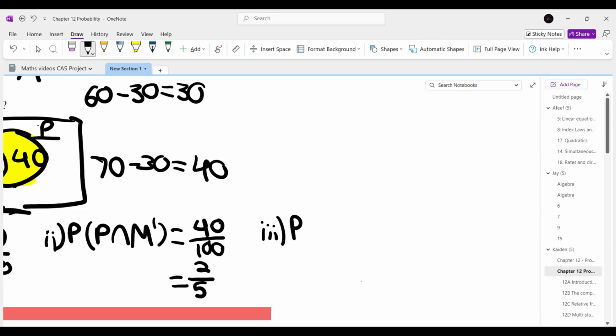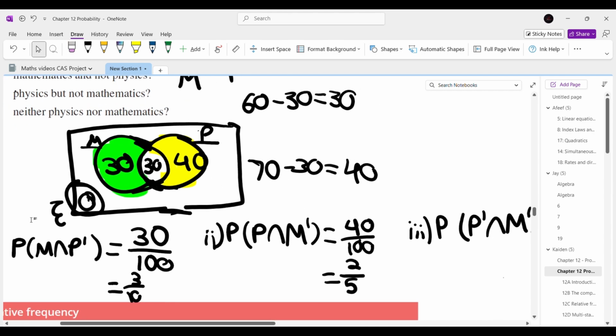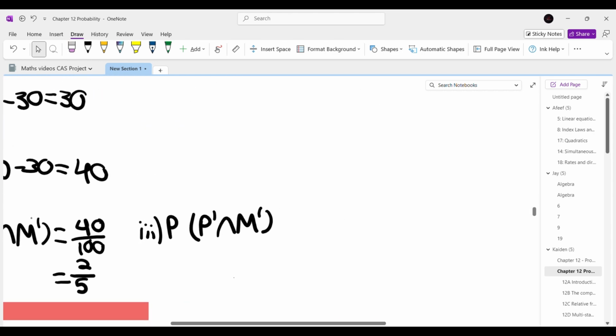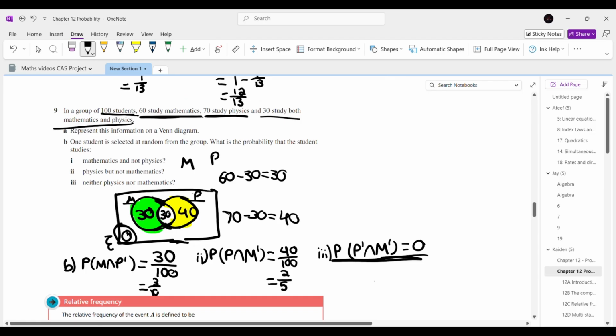So the probability of not physics and not math. As you can see here, outside of physics and math, there is 0 in this sample space. So there's 0 possible outcomes where someone is selected that doesn't study math or physics. So we say here that the probability of selecting someone who studies neither physics nor math is 0.